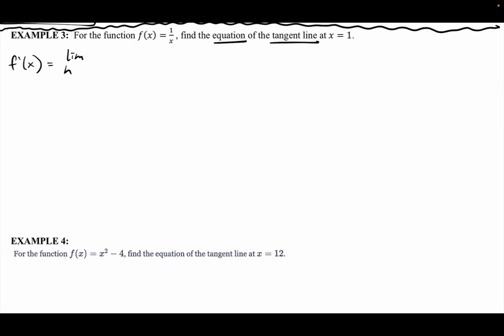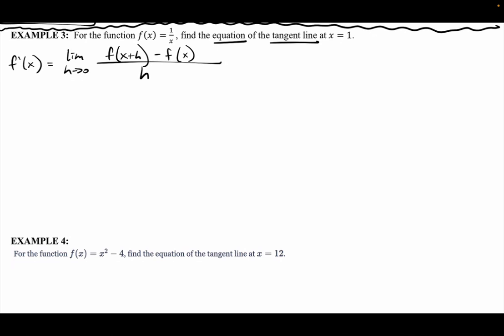The limit as h approaches 0, it's written right behind me too, and on the other side of your notes, of f of x plus h minus f of x over h. That's the general definition. We're going to use it for this problem just like we've done the last two.